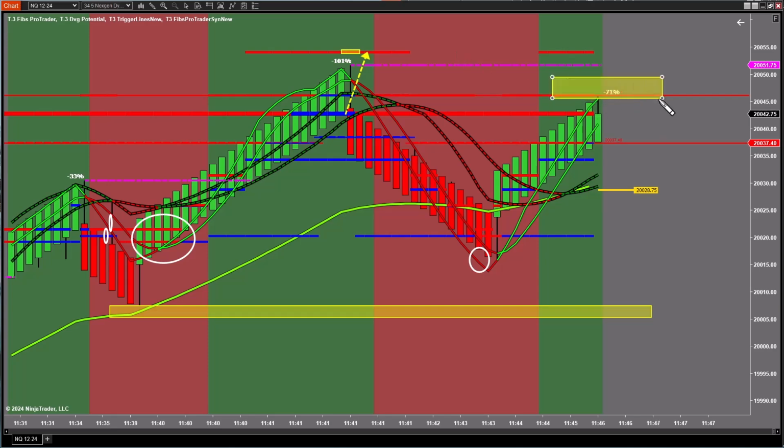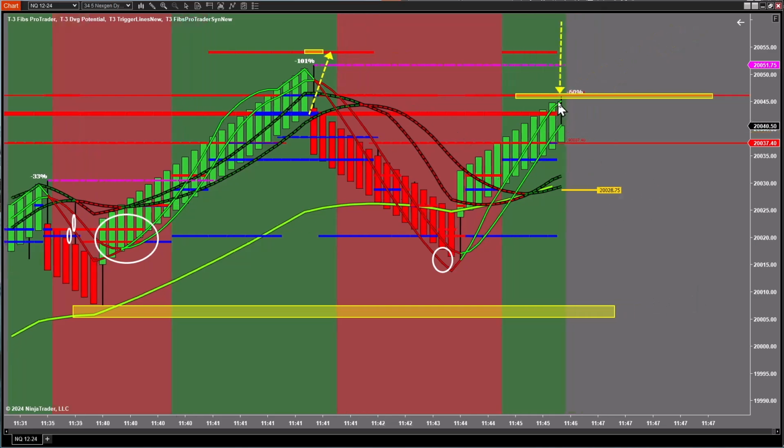We have fibs, yes. Trigger line condition. Location says the fib might hold. The strength says not quite so sure. So it's kind of a 50-50 on if it holds or not here. We'll see.